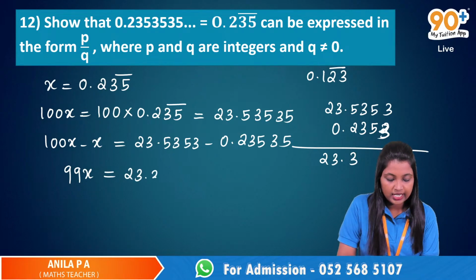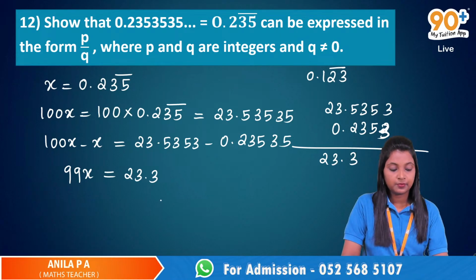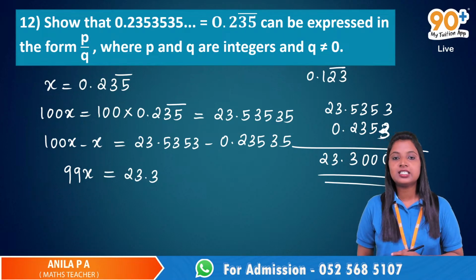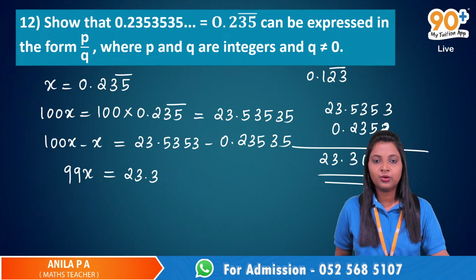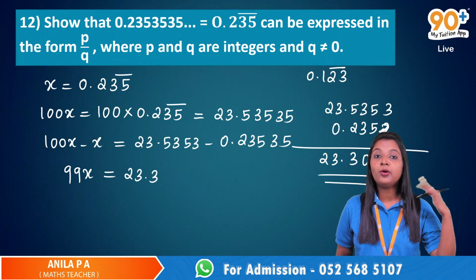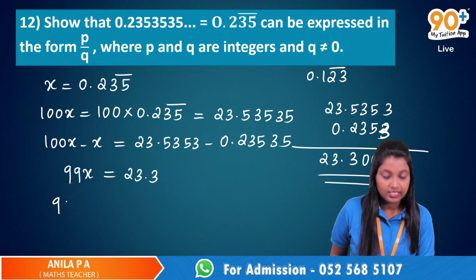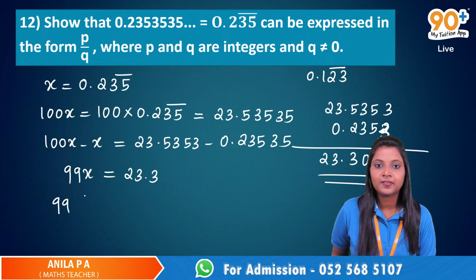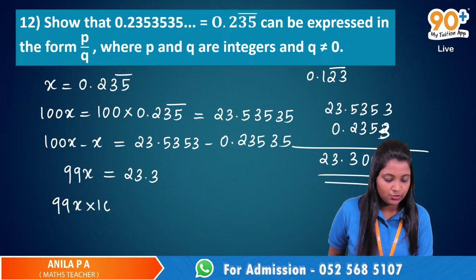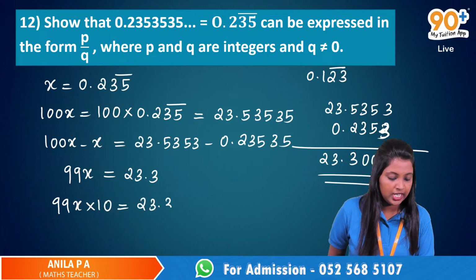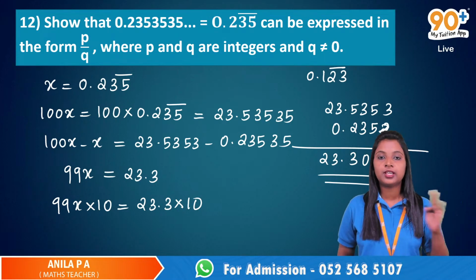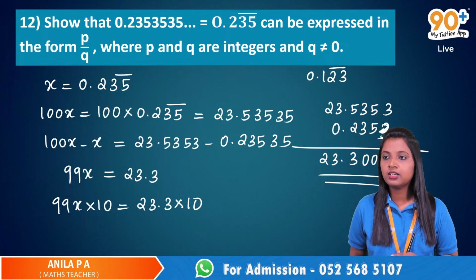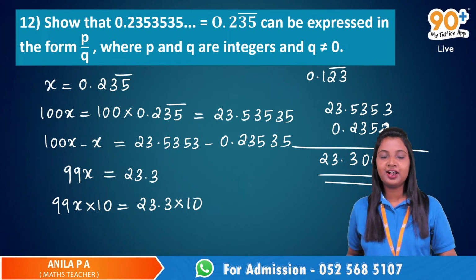So 99x equals 23.3. Since it is a decimal number, we multiply both sides of the equation by 10, just to remove the decimal point. So 99x into 10 is equal to 23.3 into 10.